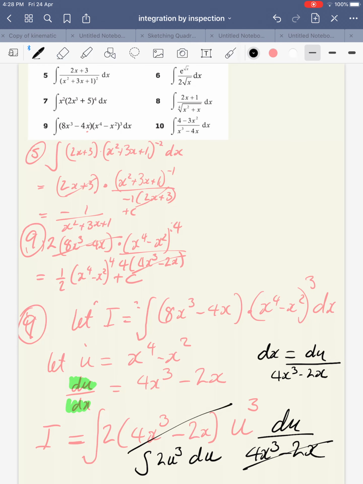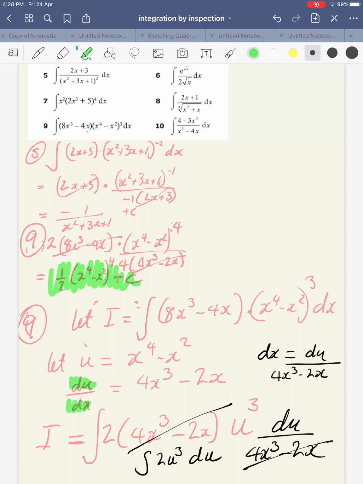But that's exactly the same answer that we got about 10 hours ago by doing it by inspection. Same answer. So it's a lot quicker, okay? So compare and contrast. By substitution does work for all of these questions, definitely. It just takes a bit longer, but then you have to choose which part to let u equal, and so you need to let u equal the g of x.